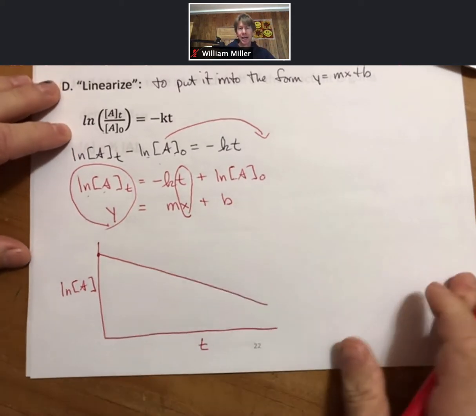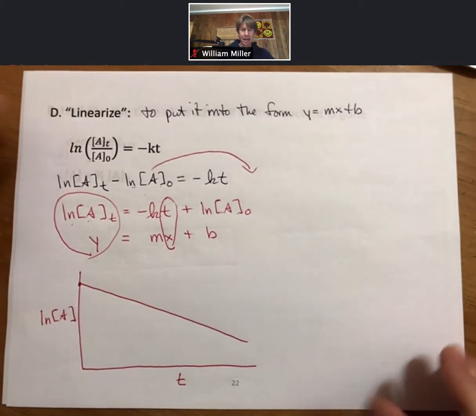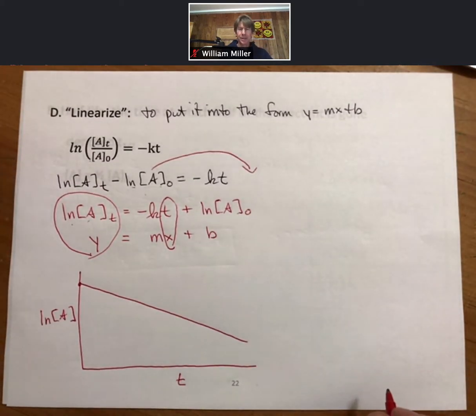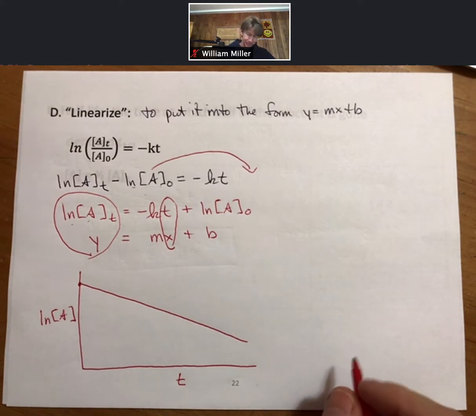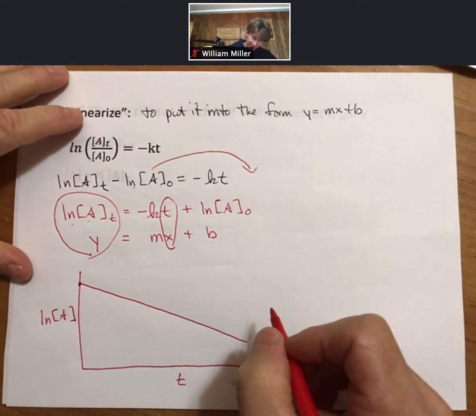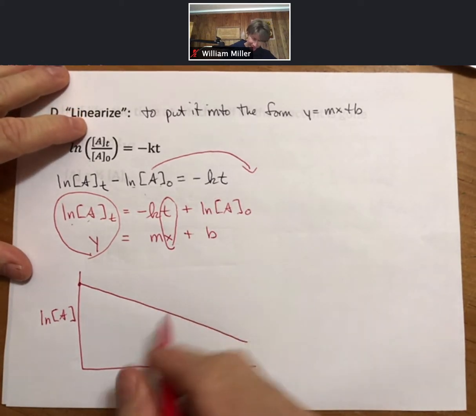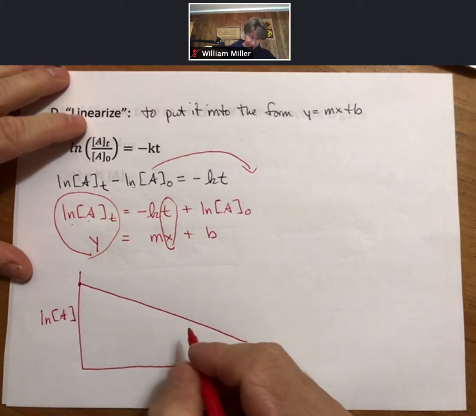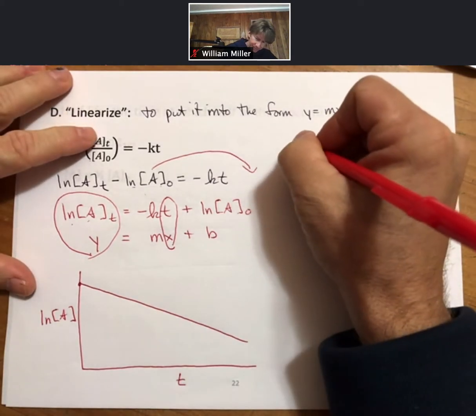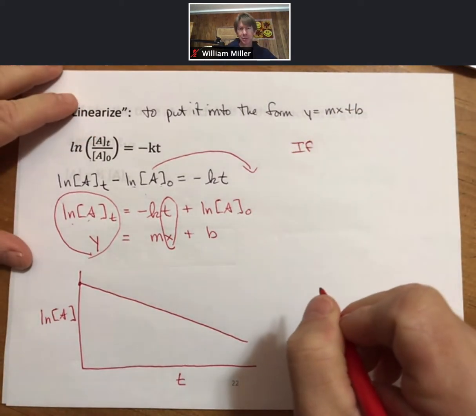And what I should add for us is that I will get a straight line if the reaction follows first order kinetics. So, I'm going to write that here. I think this is the best way to put it.